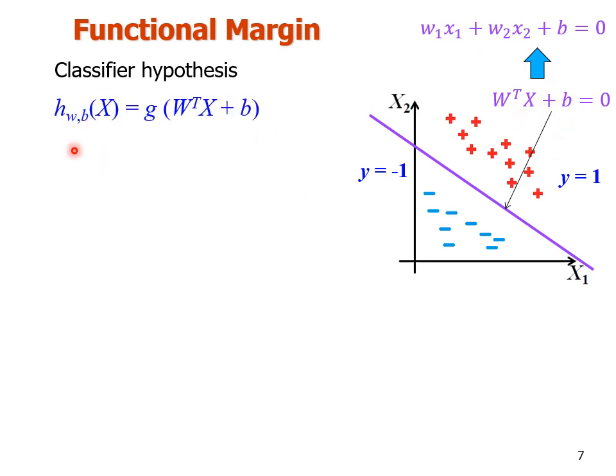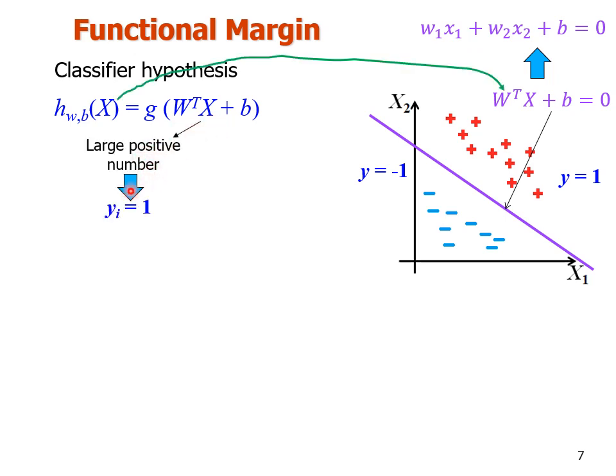So, h w b x is equal to g of w transpose x plus b, and we said that if this w transpose x plus b is giving us a large positive number, then the class of sample xi, that is yi equal to 1, and if w transpose x plus b is giving us a large negative number, then the class of the sample yi would be equal to minus 1.